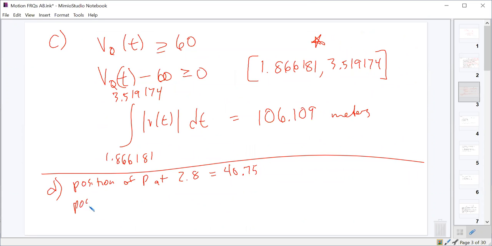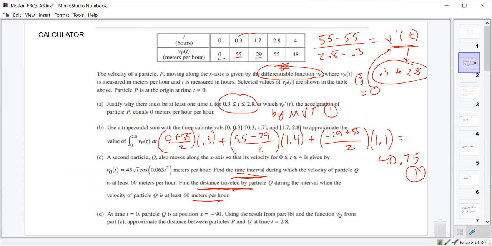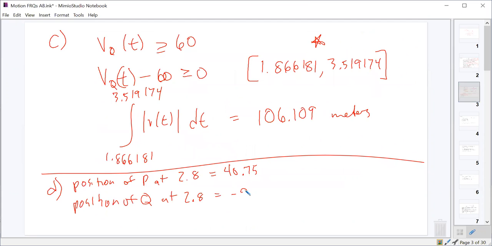And then the position of particle Q at 2.8 ought to be its initial position that is given to us right here. At t equals 0, it's at negative 90. So it ought to be negative 90 plus the displacement from 0 to 2.8 of v sub q of t dt. Good?